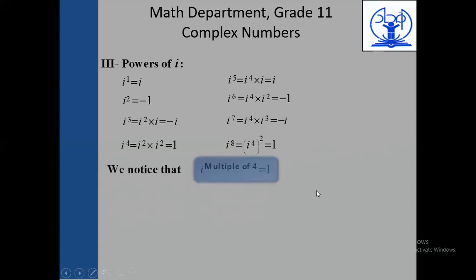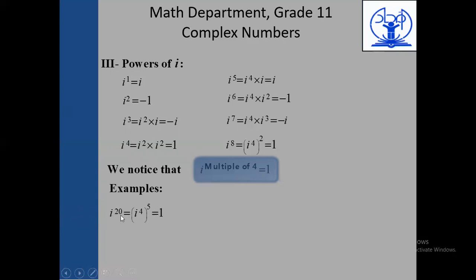We notice that if i is raised to any exponent which is a multiple of 4, like 8, like 12, like 16, like 20, like 400, then the answer must be 1, because this will be i to the 4 to a certain integer, and this will give 1.